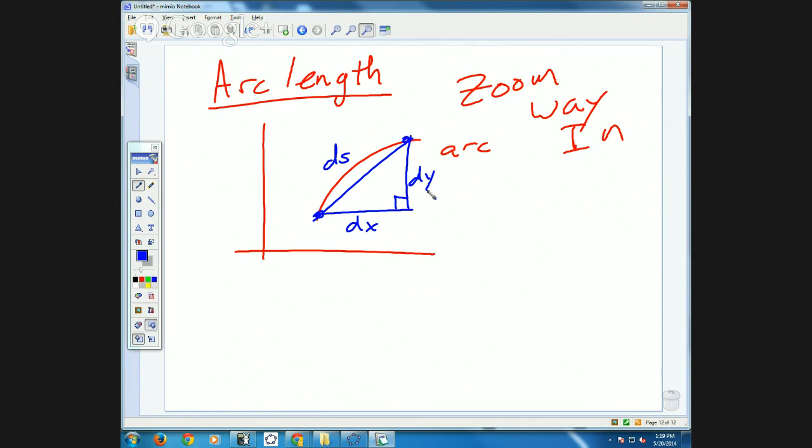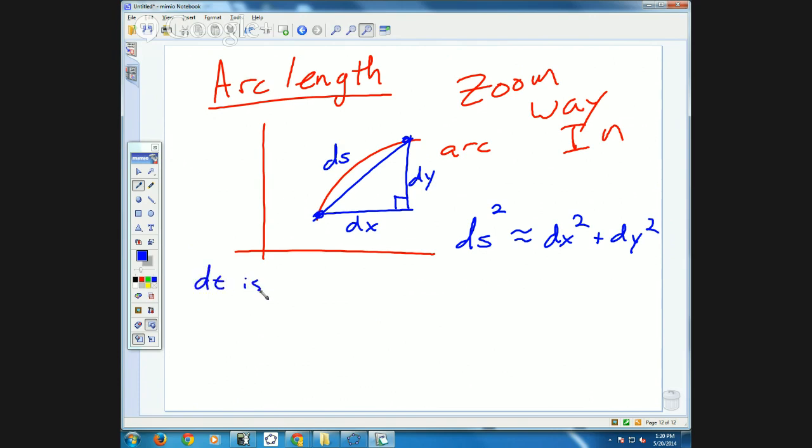And so my little chunk of arc length, ds, is related to dx and dy by the Pythagorean theorem. ds squared is approximately equal to dx squared plus dy squared. Now, in this case, because I have a parameter, my parameter gets to control the size of this triangle.